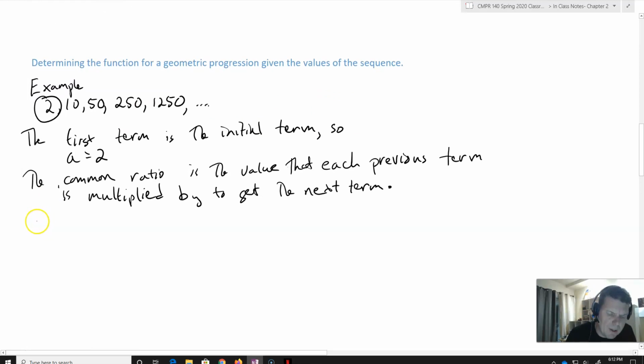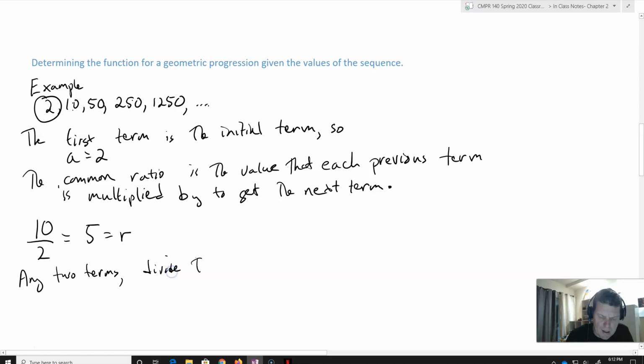But what we want to do is see that 10 divided by 2 is 5. What that means is that if I take 2 times 5, that gives me 10. And just to try it out, 10 times 5 is going to give me 50. Great. 50 times 5 is 250. So it looks like that equals R. Now you could choose any two terms and divide the subsequent by the previous.